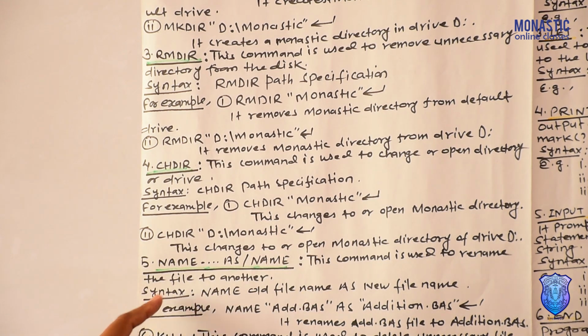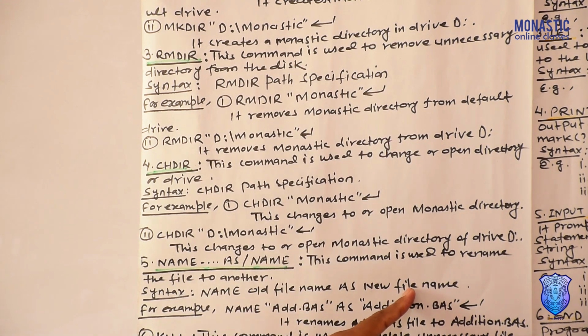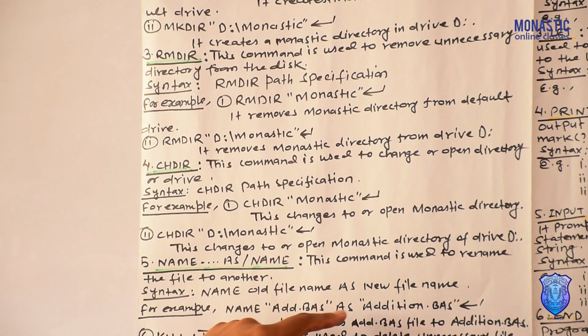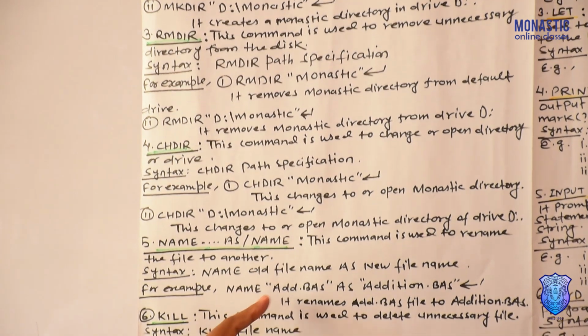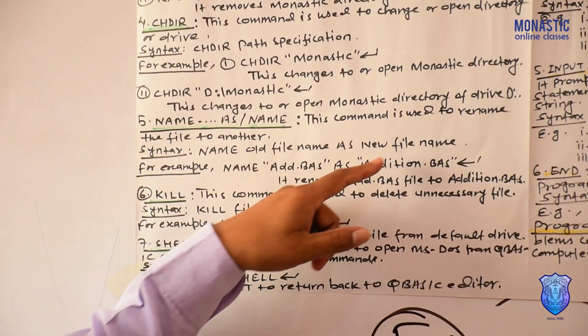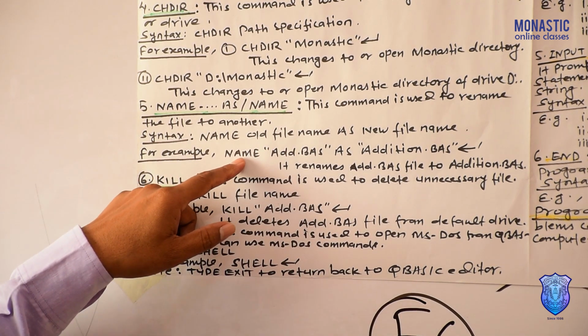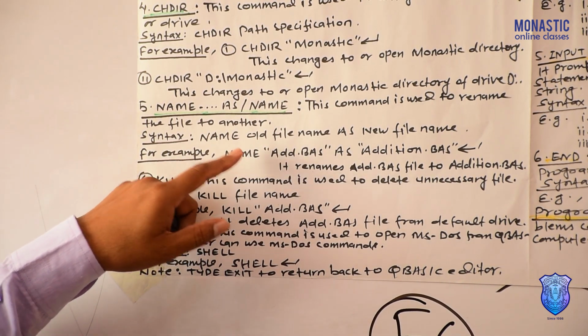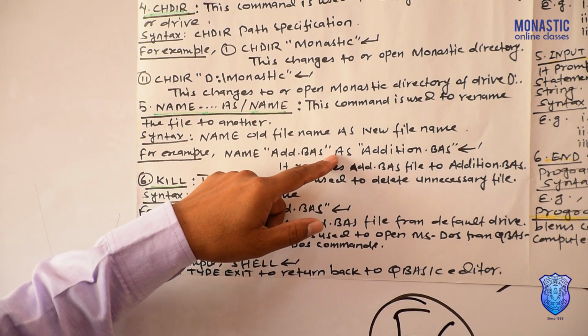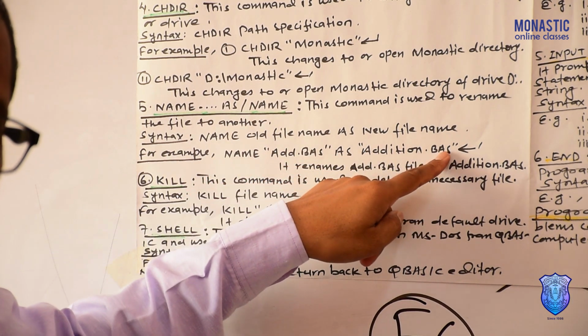Syntax is NAME old file name AS new file name. For example, NAME ad.bas AS edition.bas. This changes the name of the ad.bas file to edition.bas.